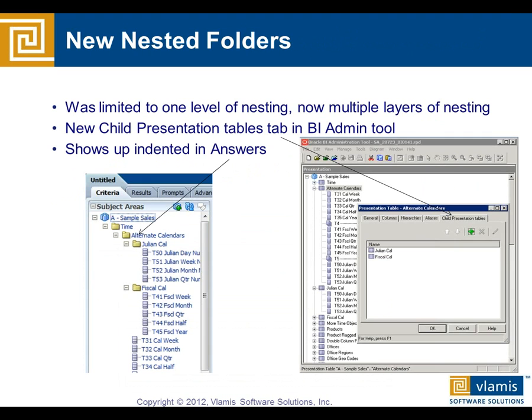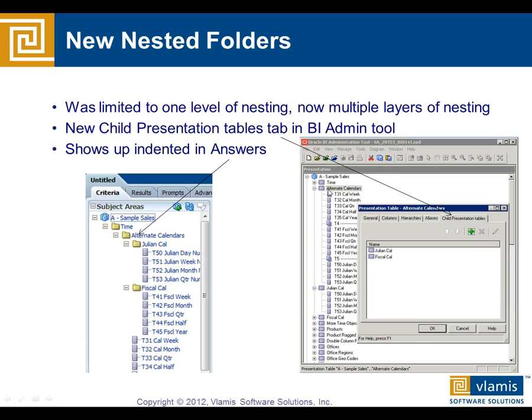One of the things that's also in here is the ability to nest folders. This is a little different from what I was expecting, but it was limited to one level of nesting. Now you can have multiple layers of nesting. So if you look at this over here under the subject areas, you can see various child presentation tables. We didn't have the ability to put these in folders before. That shows up by going into BI Admin Tool, and there's a tab on there called Child Presentation Tables.